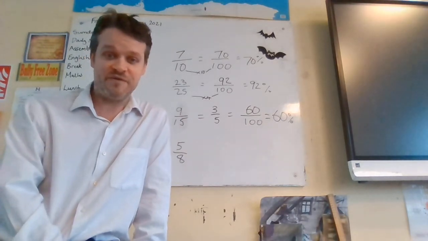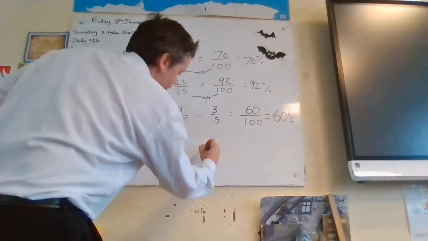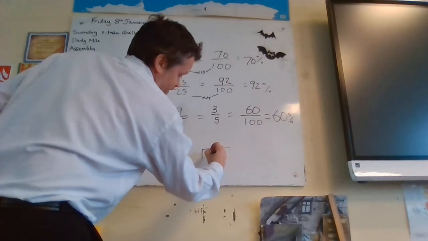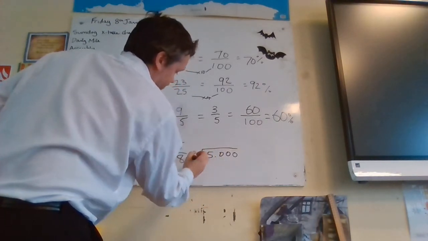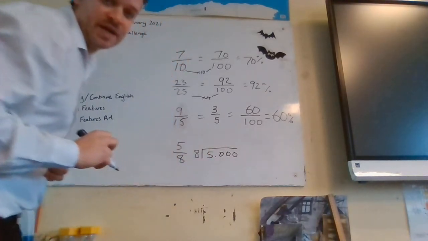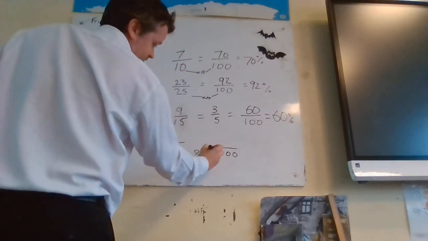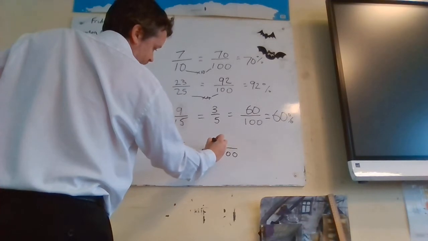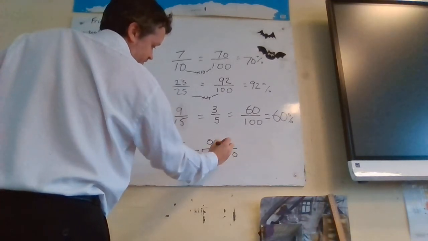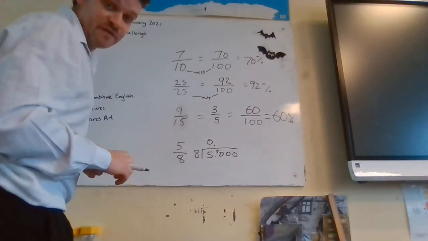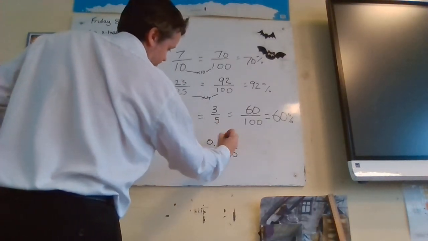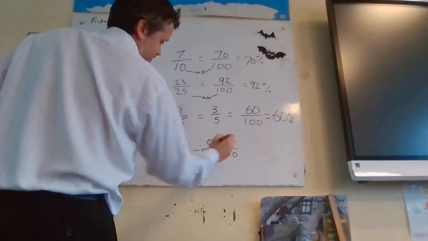Now, this is a method we've used before. You take your numerator and you divide it by your denominator. So I get 8 doesn't go into 5, got 0. Carry the 5, we've got 8 into 50. 8 into 50 goes 6 times and leaves a remainder of 2.